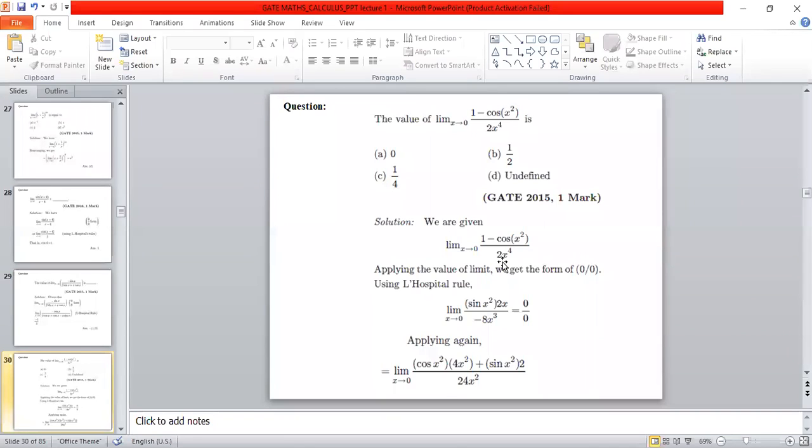So again applying derivative as L'Hospital. As there is sin x square into 2x, that is u into v rule of derivative, multiplication of two terms, and there is a derivative upon 24x square.